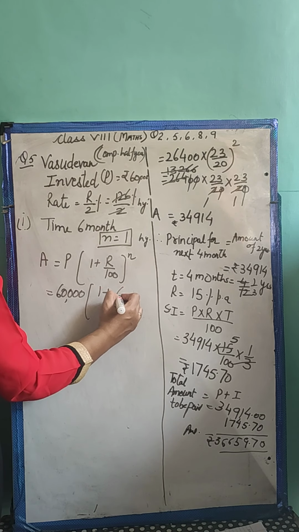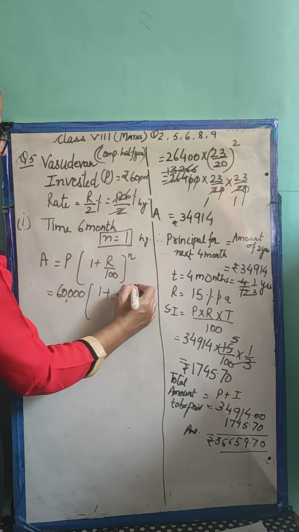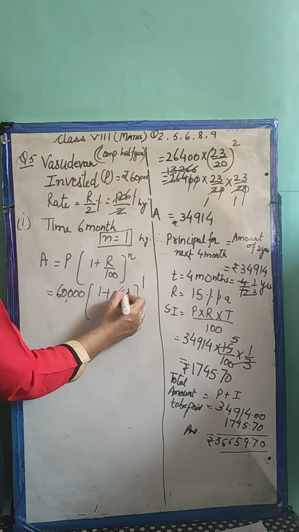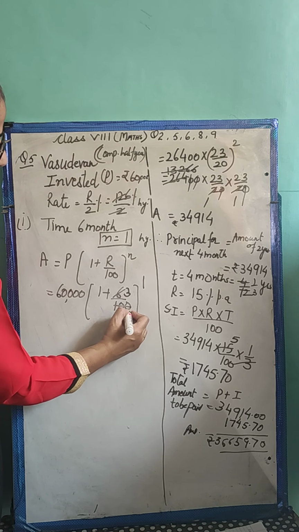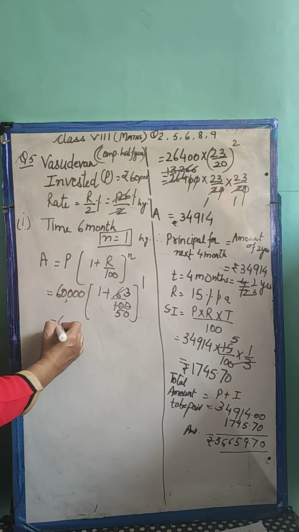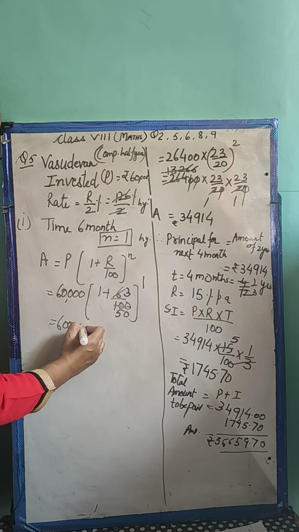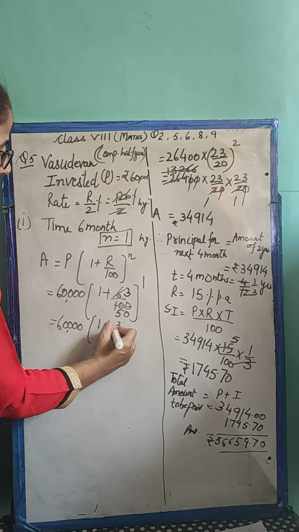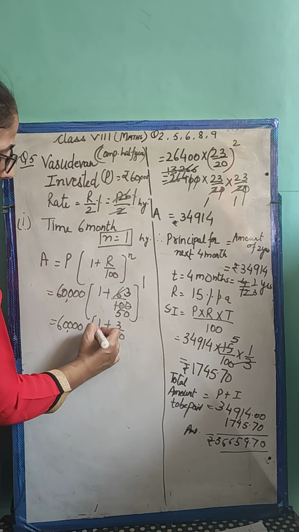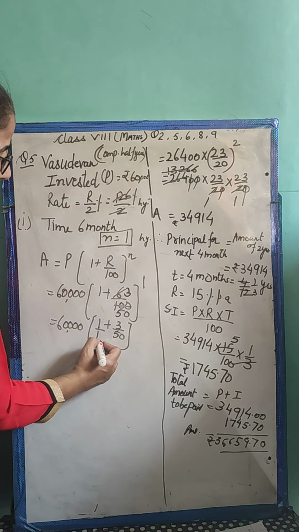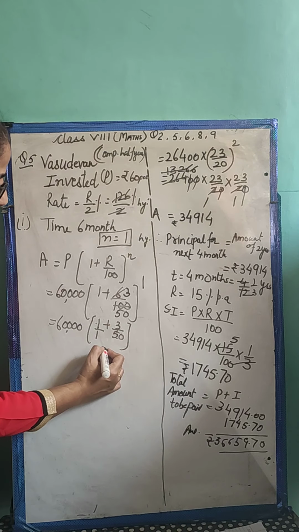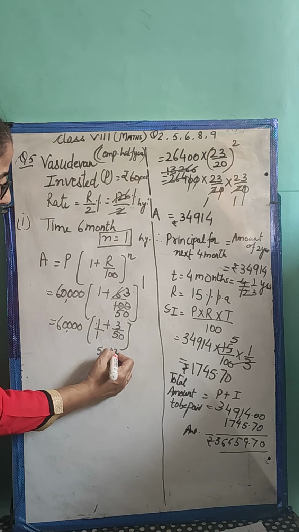1 plus 6% of 1. So 2 3s are 6, 2 5s are 10. Have you understood how to take the LCM? 1 plus 3 by 50. It is having 1, so take the LCM as 50. 50 ones are 50 plus 3.